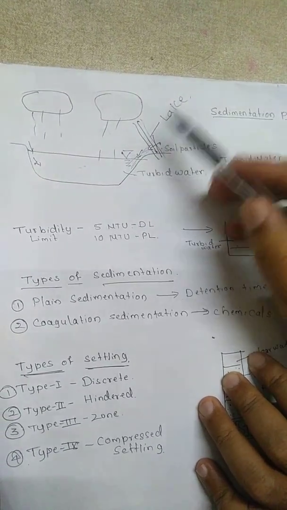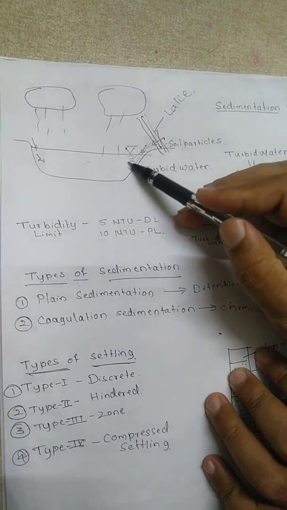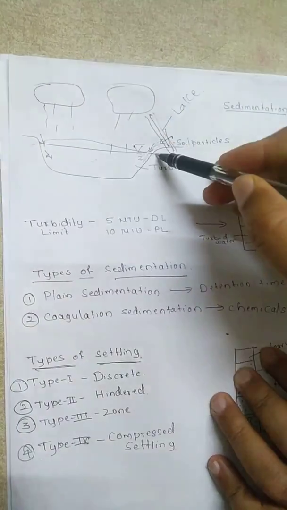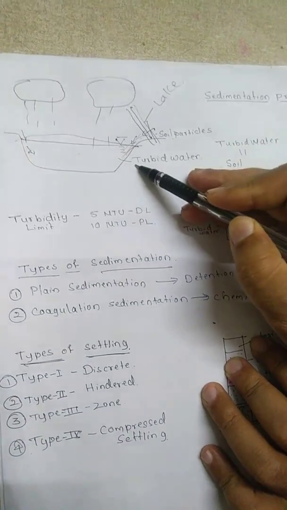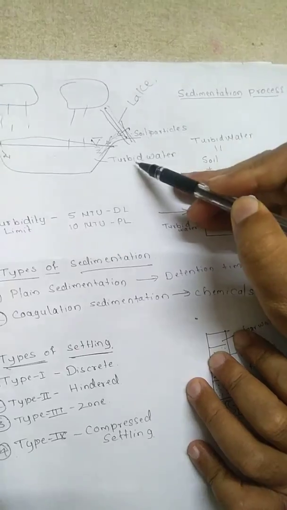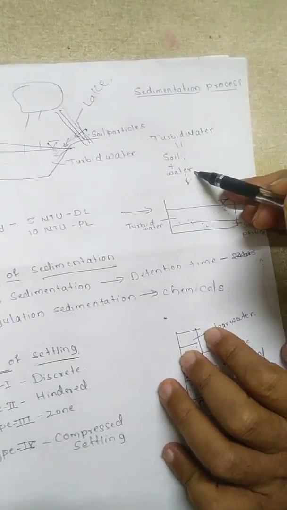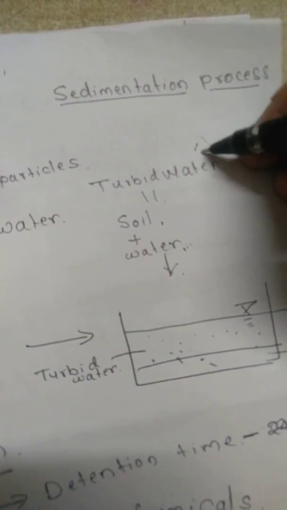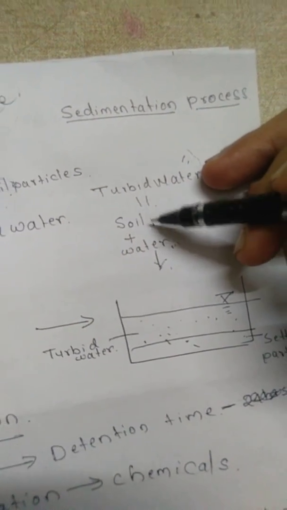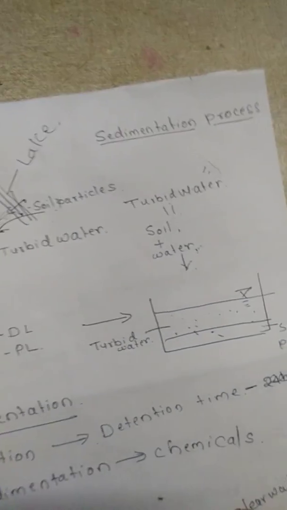It falls on the ground surface first, and if there are slopes, it forms a water body, and in this water body the soil particles along with water together make turbid water. That is, turbid water is, I repeat, soil plus water.